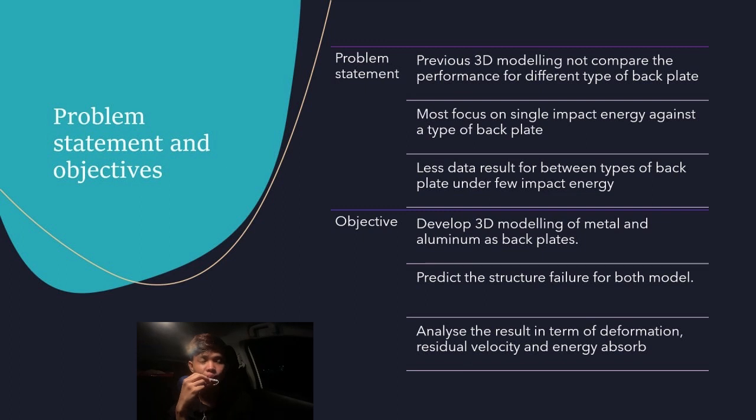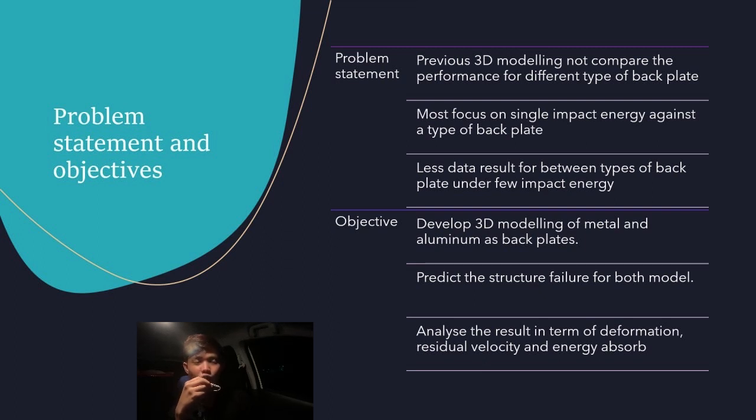For the problem statement, previous studies did not compare the performance of different types of backplates. Next, most of the studies focus on a single impact energy against one type of backplate only. Because of that, there is less data on the differences between types of backplates against a few impact energies.